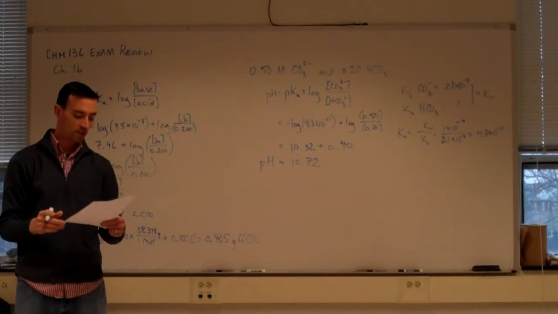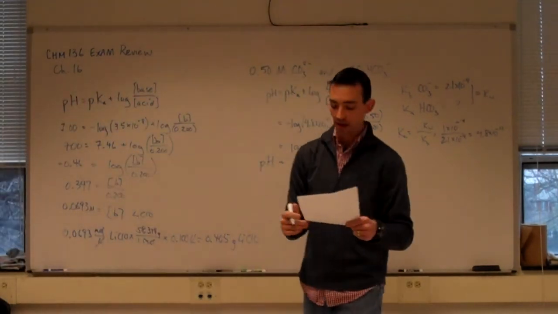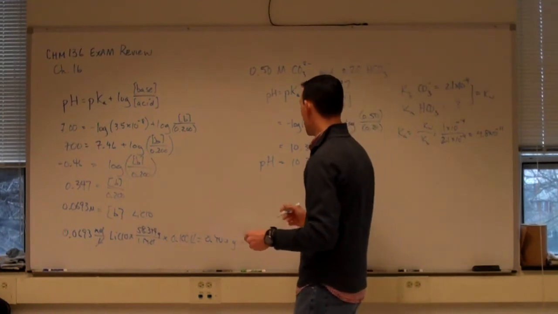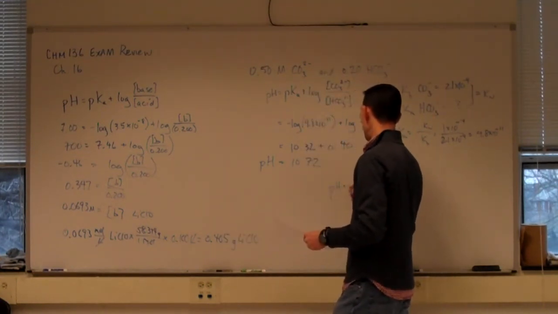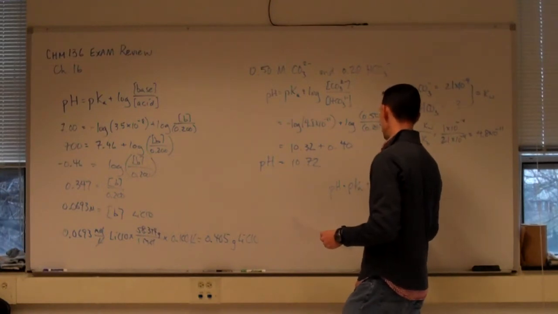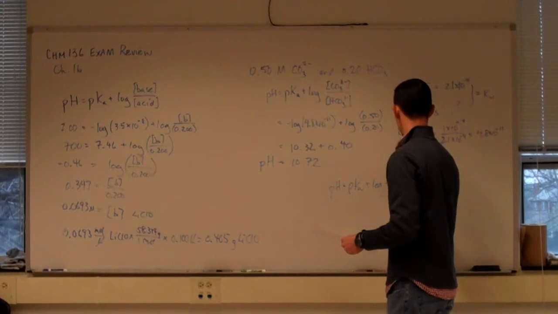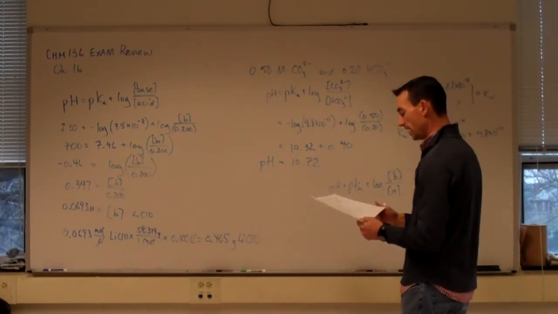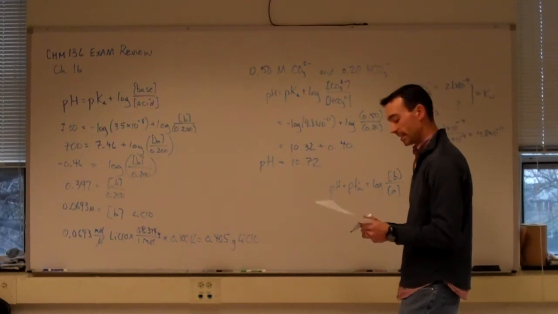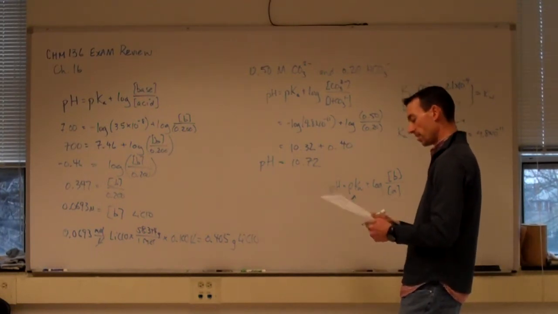In question 14, which of the following combinations is best to make a buffer of pH 5? So again, the pH is strongly tied to the choice of acid in a buffer. So the first thing we want to do is look at the Kas and thus the pKas of the materials available.